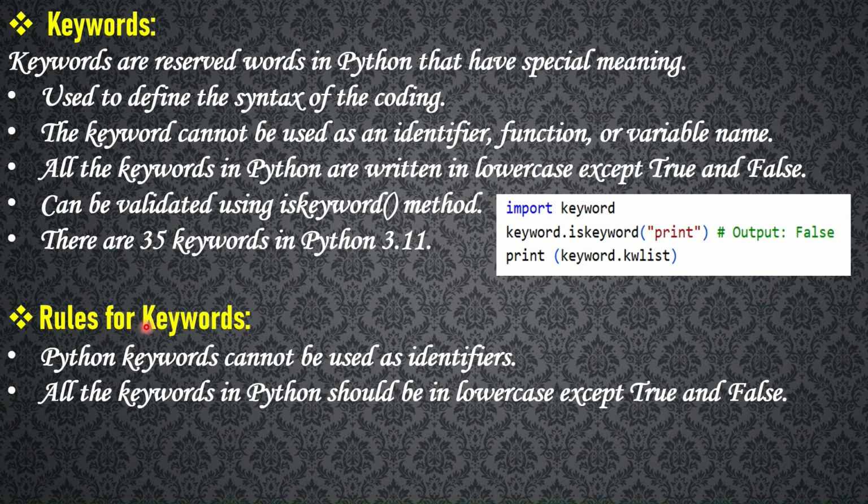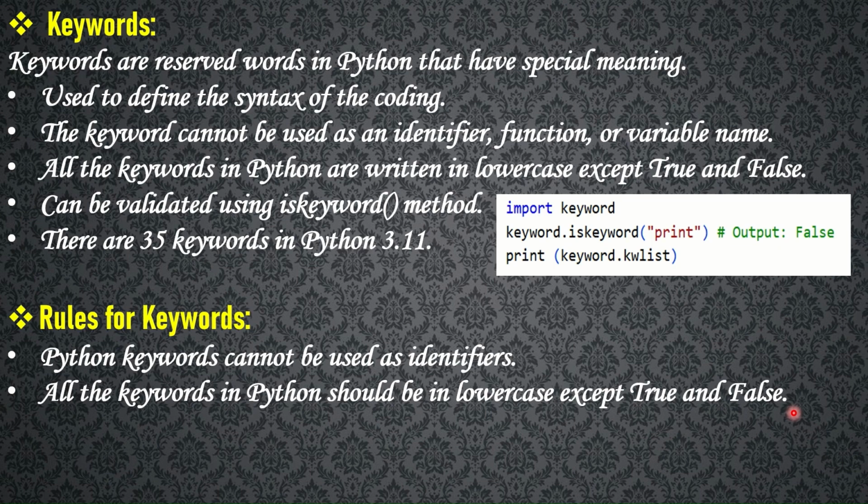And we have two rules for keywords. Python keywords cannot be identifiers. We already discussed this: an identifier cannot be used as a keyword, and a keyword cannot be used as an identifier. And all the keywords in Python should be in lowercase except True and False. This we also discussed.